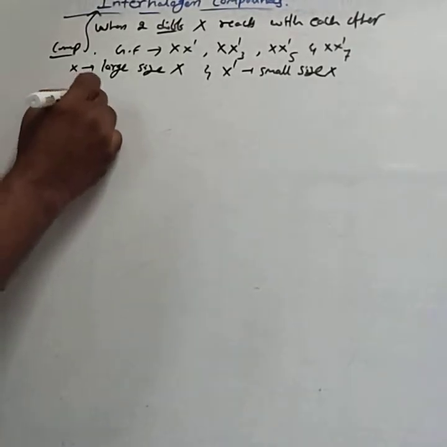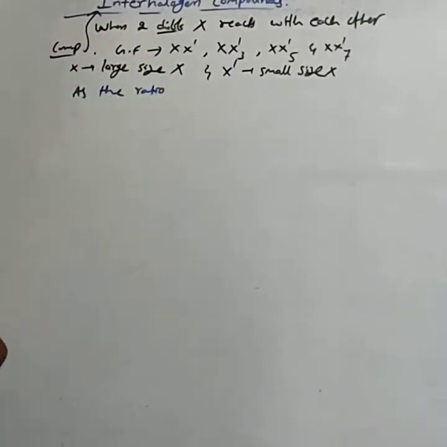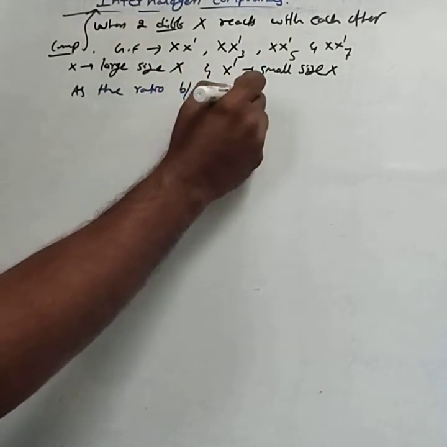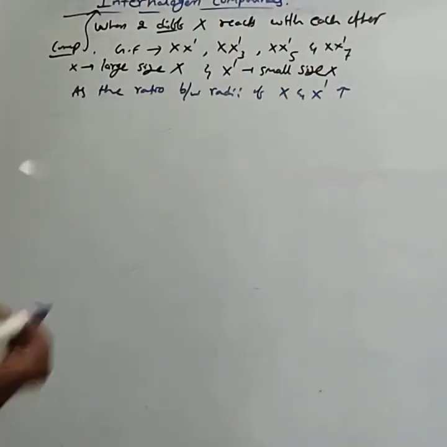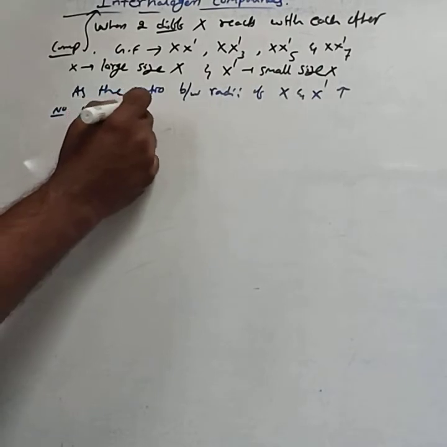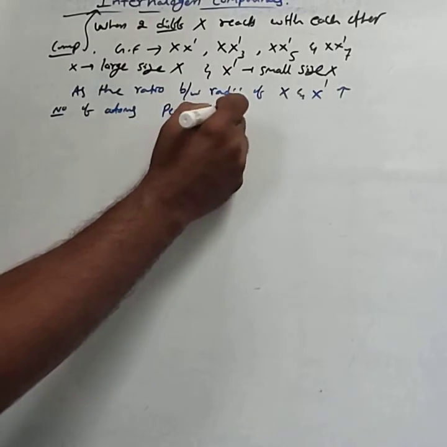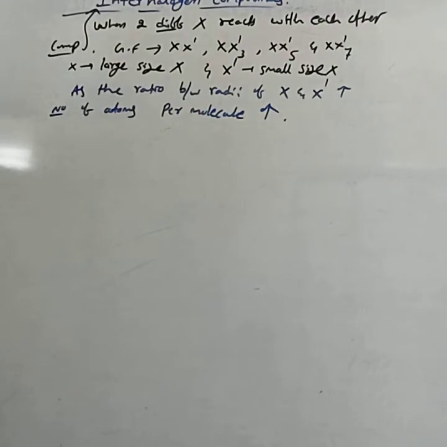As the ratio between the radii of X and X' increases, the number of atoms per molecule also increases.